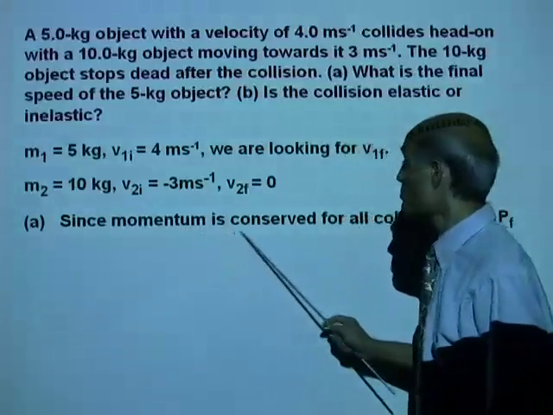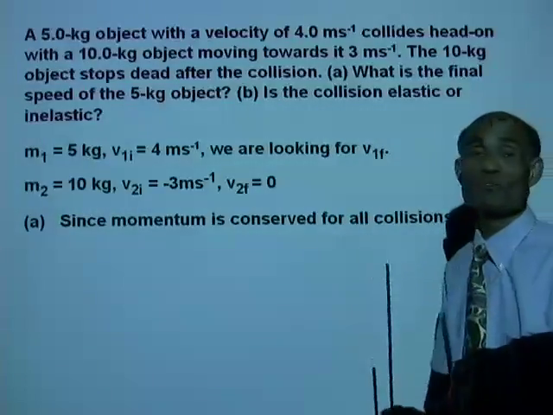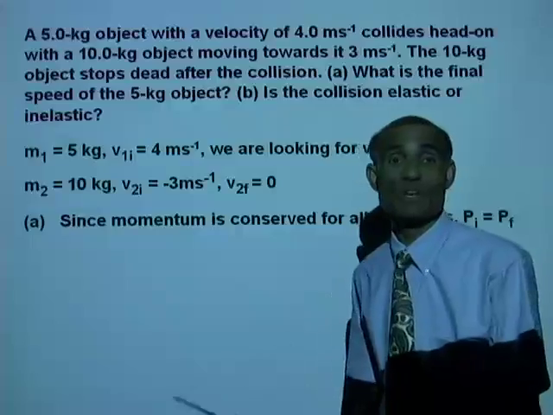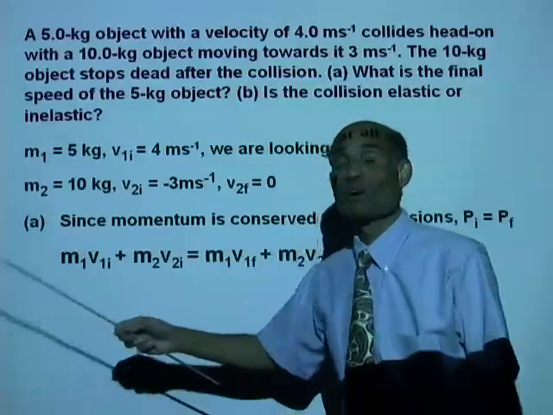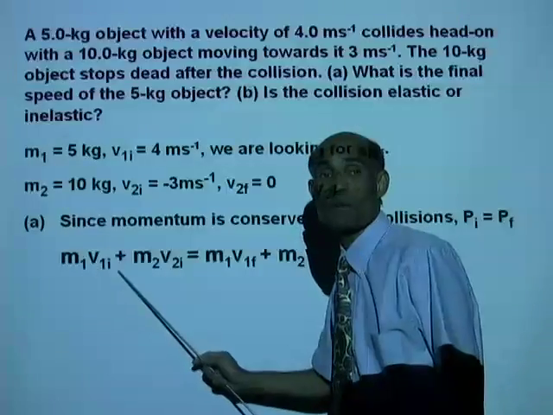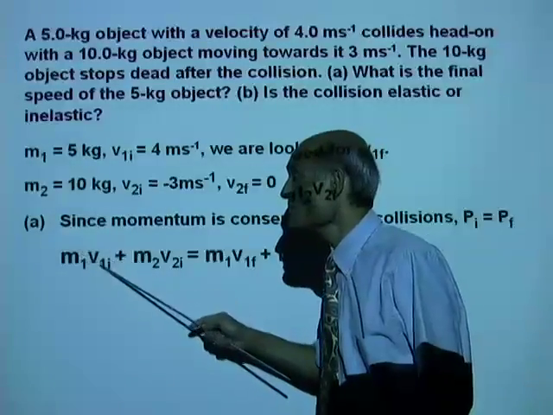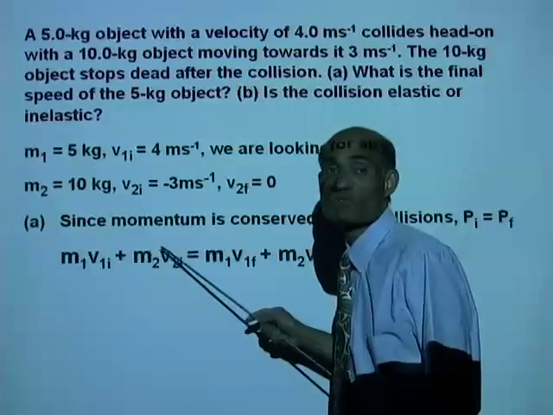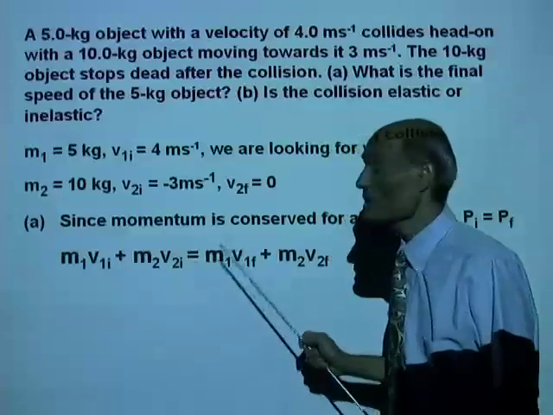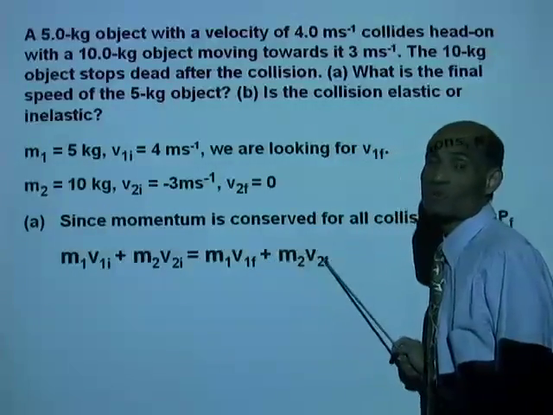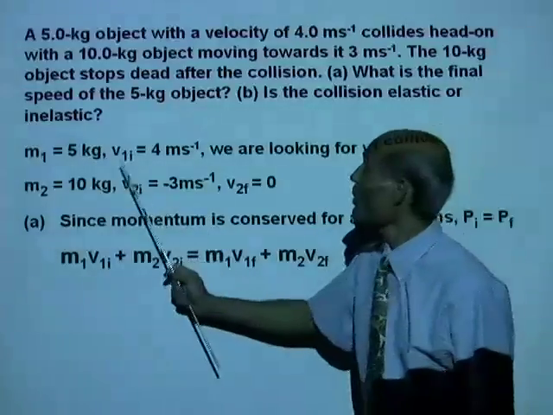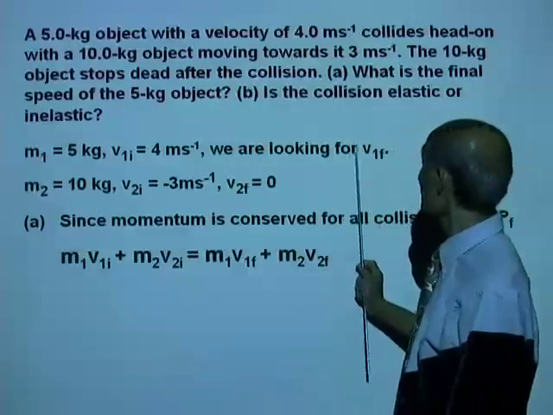Alright. Since momentum is conserved for all collisions, you know that Pi must be equal to Pf. What is the total initial momentum? M1 V1I plus M2 V2I must be equal to M1 V1F plus M2 V2F. And we have all these values except V1F.